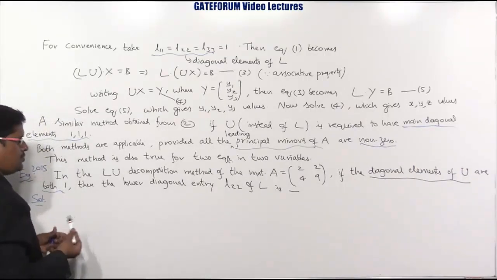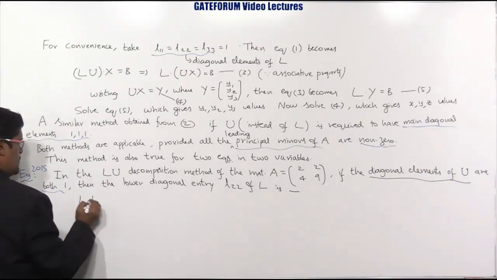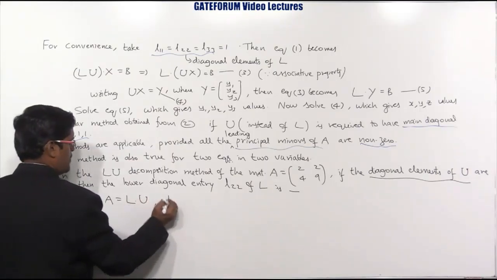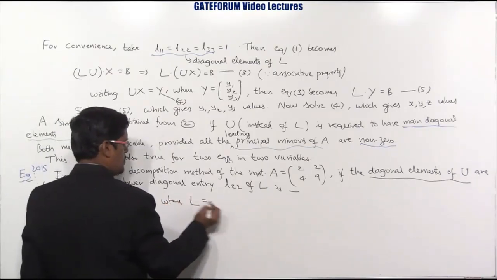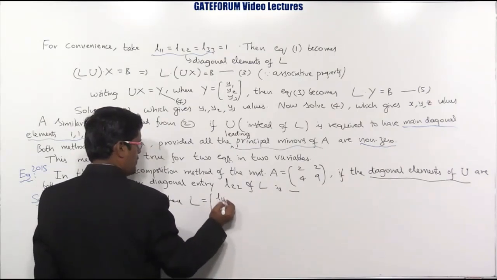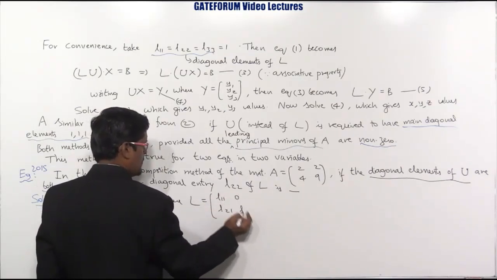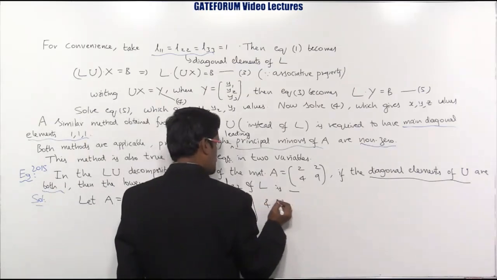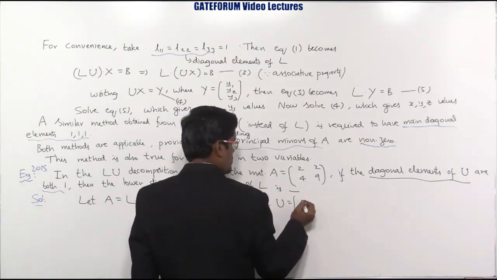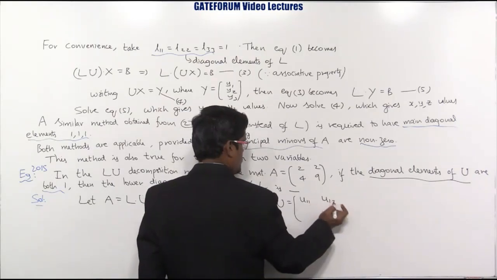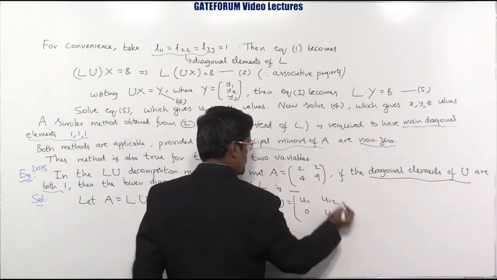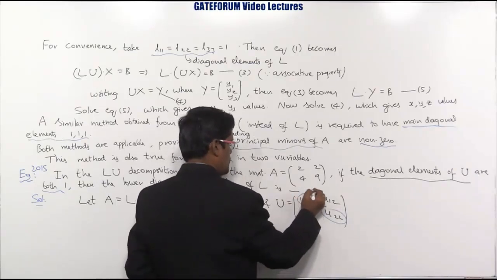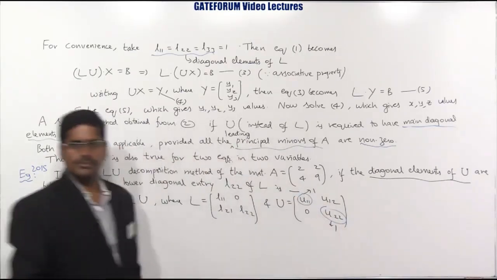Now, let A is equal to L into U, where L is equal to, what is lower triangular matrix? L11, 0, L21, L22. Only 2 by 2 matrix. And upper triangular matrix, below the diagonal elements 0, U11, U12, 0, U22. But here, these values are mentioned already. This is equal to 1 and this is equal to 1. Okay?